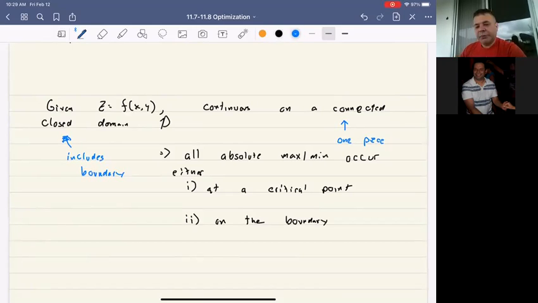Just real quick, what we did on the boundary of D: the boundary is a one-dimensional object. So then that becomes a one-dimensional calculus problem.